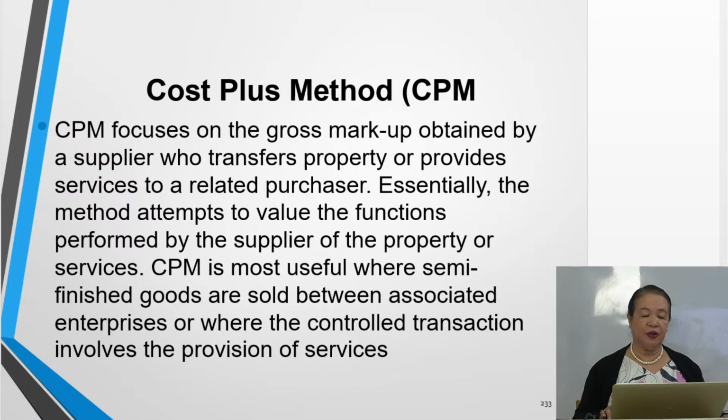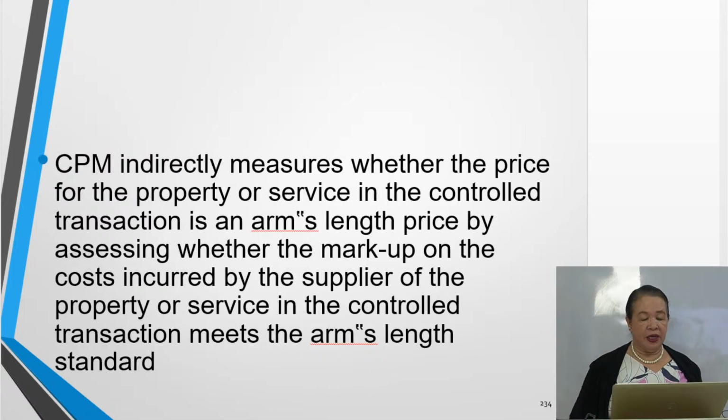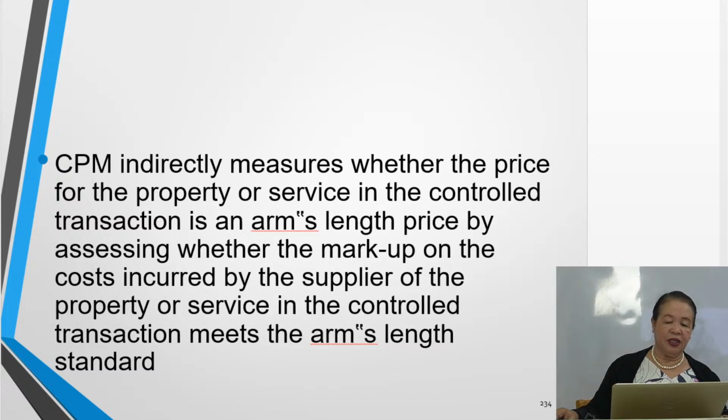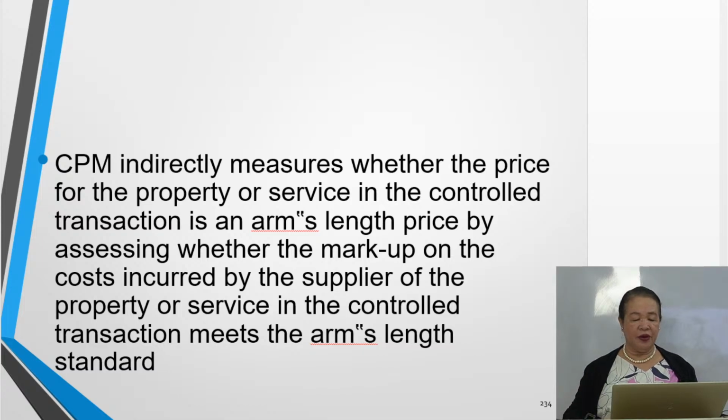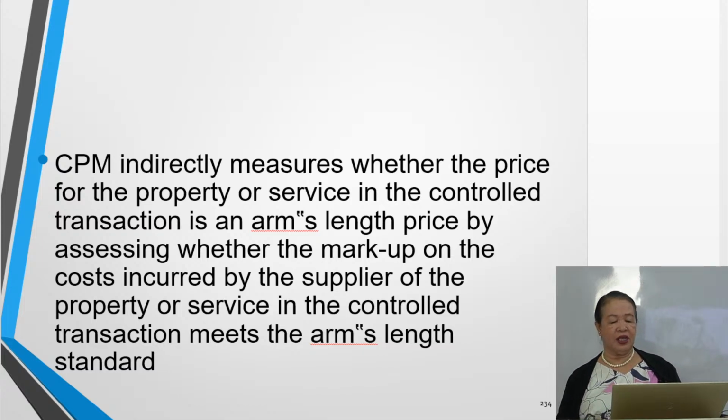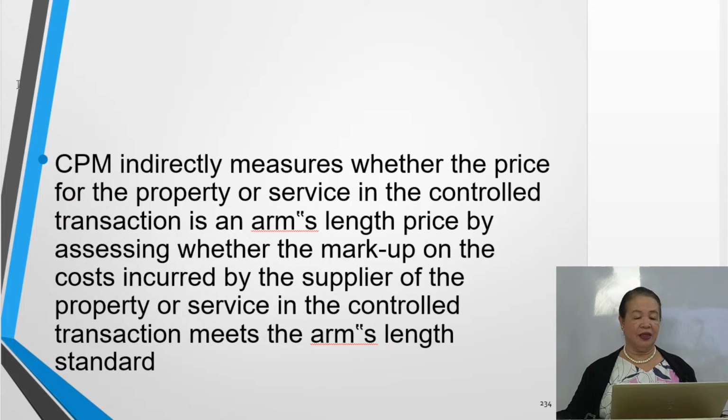So be careful also in choosing your comparables. Okay, so the cost plus method indirectly measures whether the price for the property or service in the controlled transaction is an arm's length price, by assessing whether the markup on the cost incurred by the supplier of the property or service in the controlled transaction meets the arm's length standard.